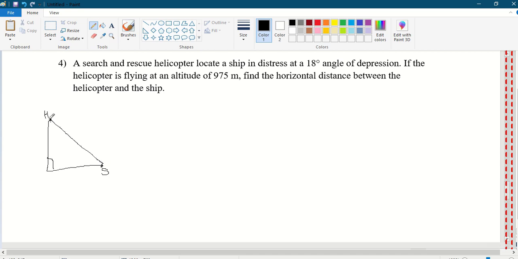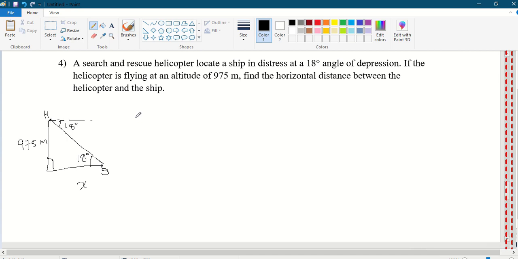We know the angle of depression here is 18 degrees. Again, it's not to scale, it's just a rough sketch. The height of the helicopter is 975 meters, and we want to find this distance x here. So we are given opposite, we want to find adjacent.